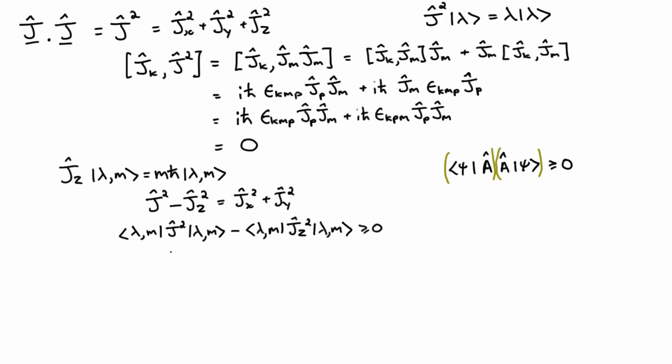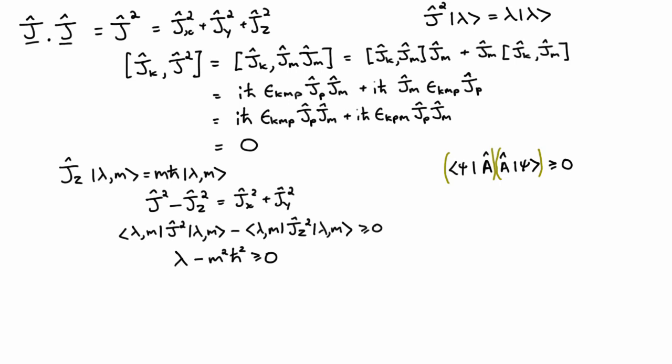J squared acting on this just gives us lambda, and then we've got the inner product of these two, which is by definition 1. Jz gives us m h bar, do it again, we get another m h bar. And we've got a relationship between lambda and m. You can see that m, the magnitude of m, is bounded by lambda.